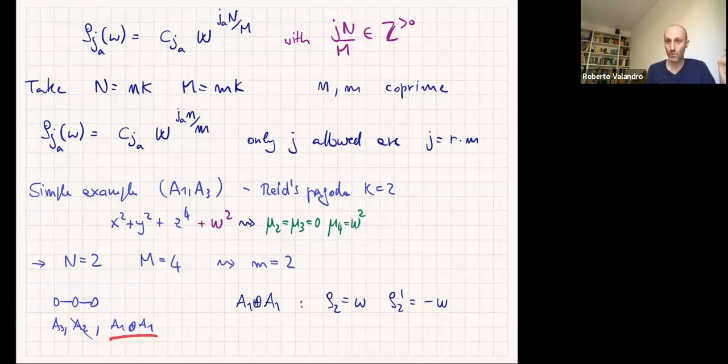For A1 plus A1, this is okay, because it has 2 Casimirs of degree 2, the Casimir of the first A1 and the Casimir of the second A1. What about A2? A2 has a Casimir of degree 2 and a Casimir of degree 3, but the Casimir of degree 3 must be equal to 0. And then we have only one Casimir of degree 2.